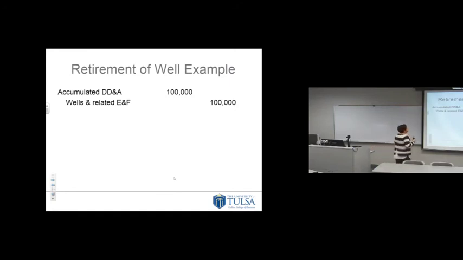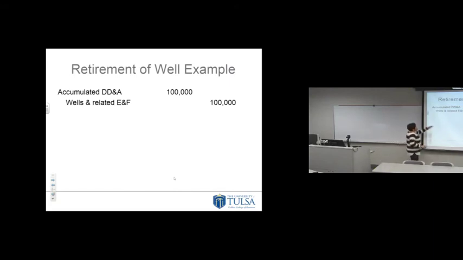But what I'm going to do instead is charge that well against my contra asset. Now, remember, as I take DD&A each year, DD&A expense goes to the income statement, and then I decrease my asset by using this accumulated DD&A account.